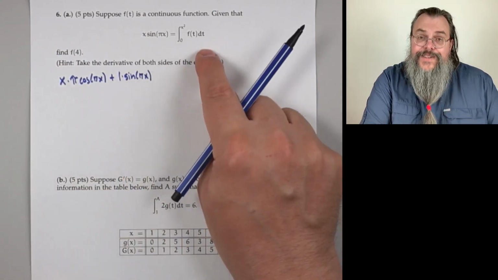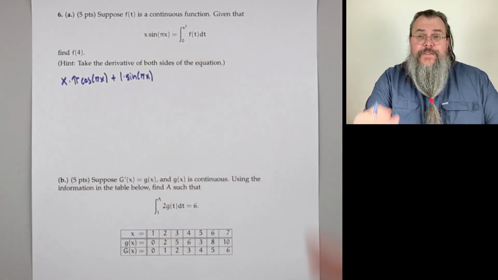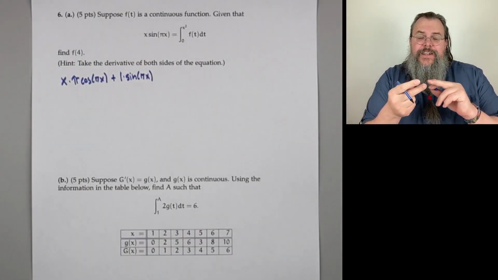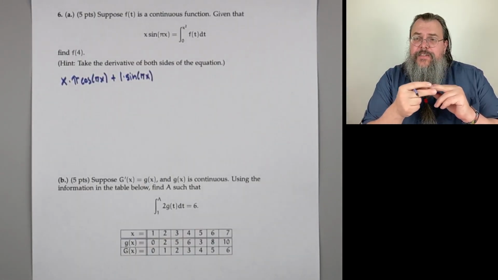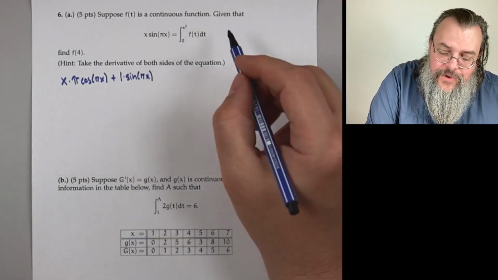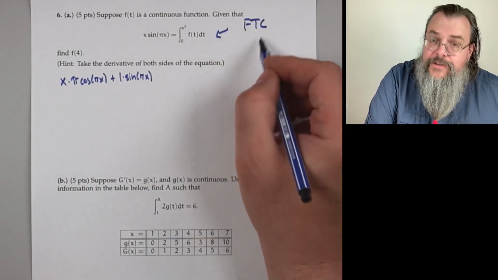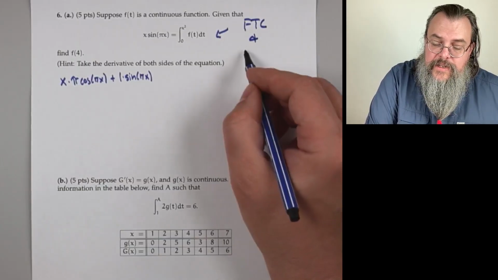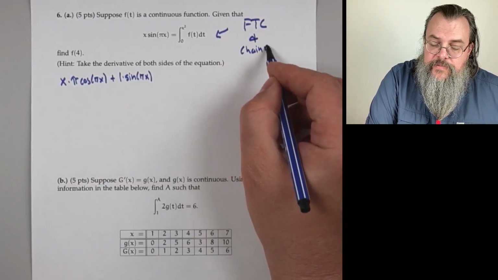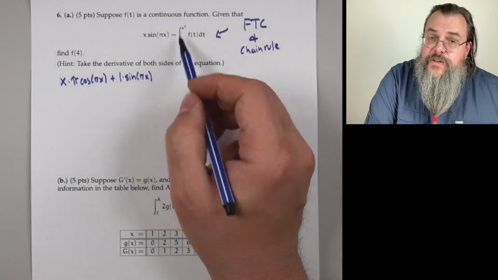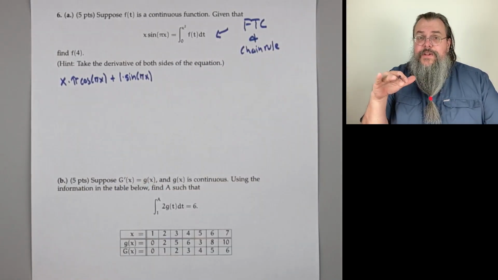Now the right-hand side, we have an integral, and it has the x's in the bounds. So we're going to use two things: the fundamental theorem of calculus and the chain rule. Normally if it was just 0 to x, easy derivative.